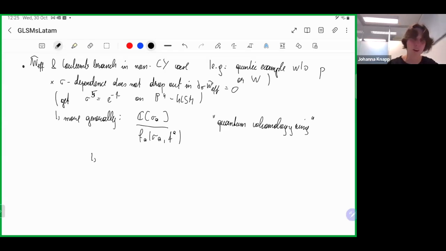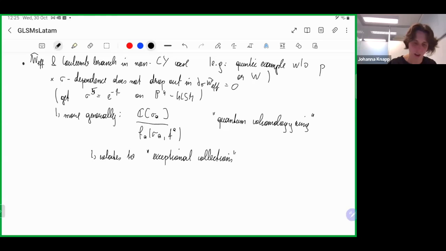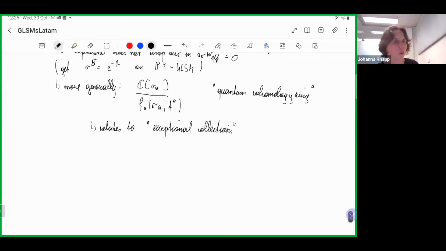This is just name dropping, in case people know these words, and feel free to ignore this if you haven't heard of it. This appears very often in the mathematics literature on GLSMs and homological mirror symmetry. I just wanted to say that in physics, this has something to do with the Coulomb branch.